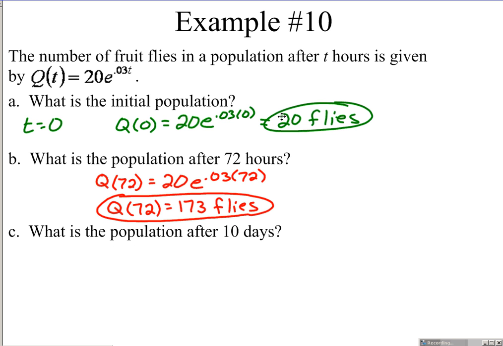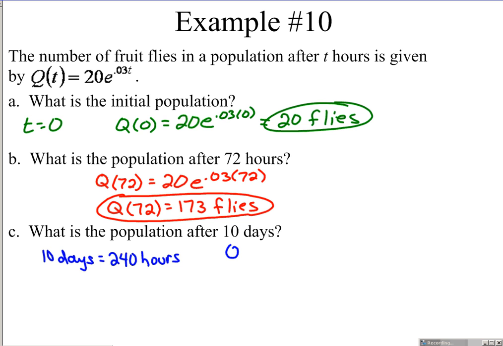Last one, what is the population after 10 days? Notice how our variable t is defined here. It's defined in hours, so we can't plug in 10 here. We need to take 10 times 24. There are 240 hours in 10 days.